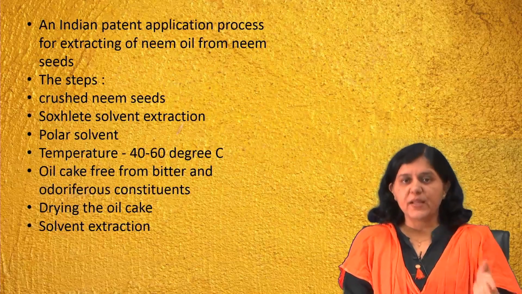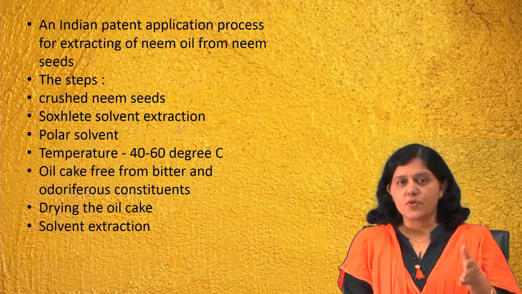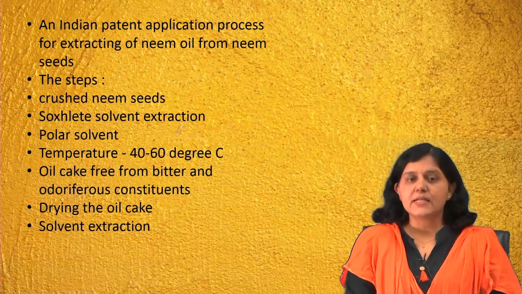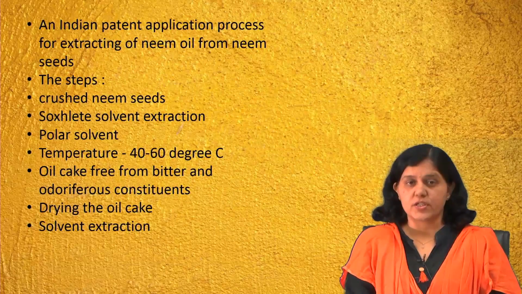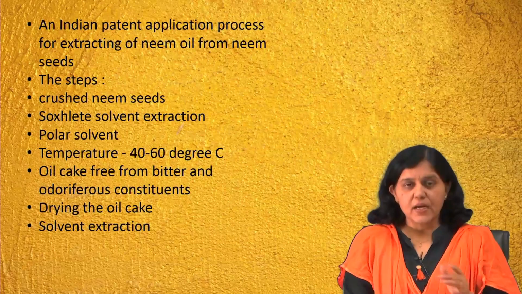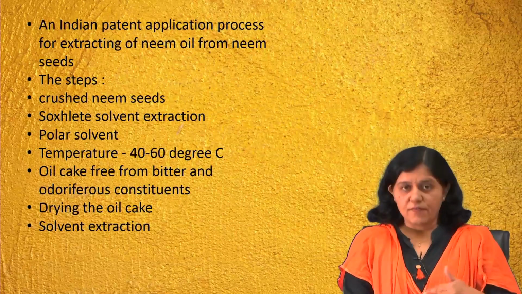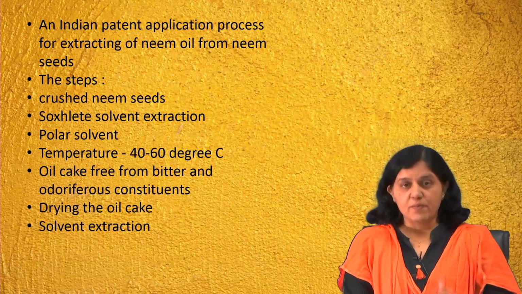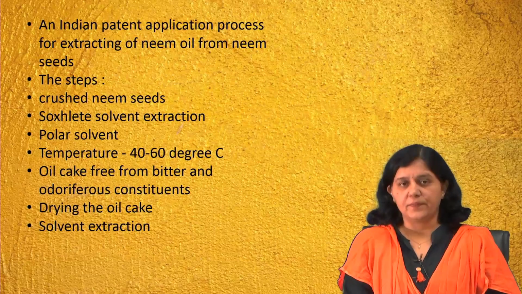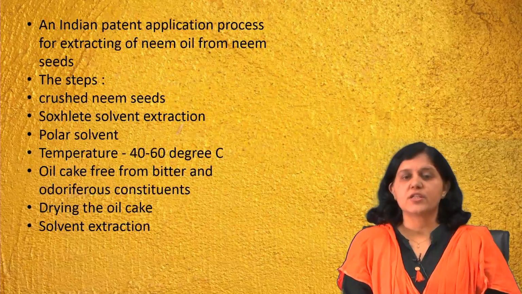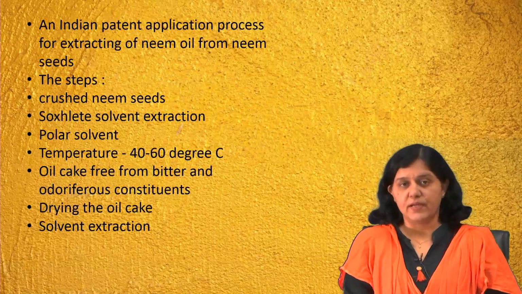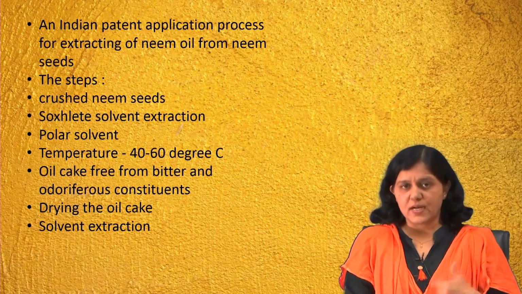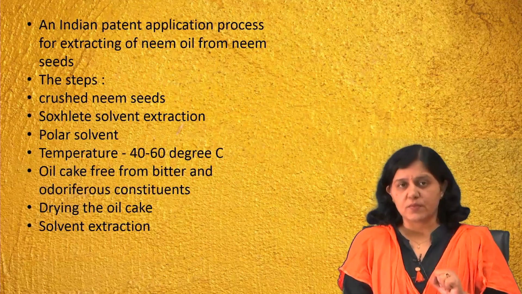One is pre-grant opposition, which is filed before the grant of the patent, immediately after publication in the Gazette, and the second is post-grant opposition, which is filed after the grant of the patent within 1 year. We will not go into the details of pre-grant and post-grant opposition.